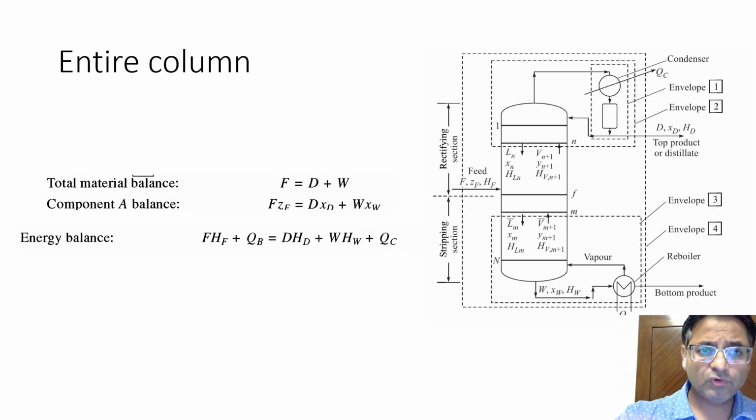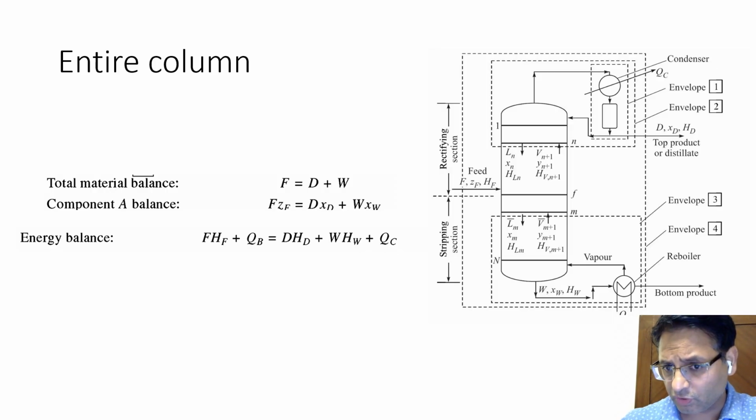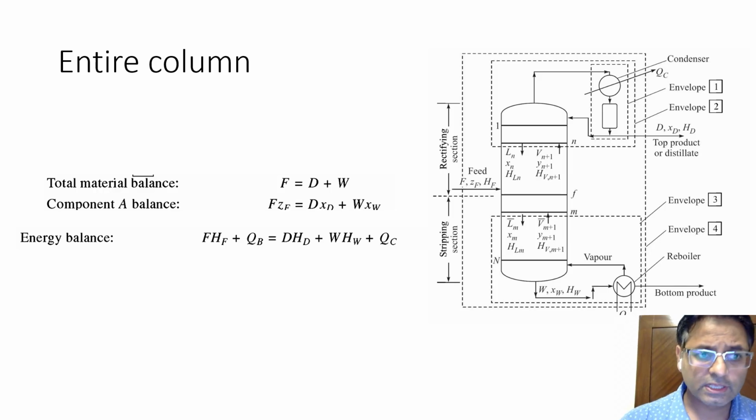So this is the entire column. If you do the total material balance, F equals D plus W. D is the distillate which you are collecting, and W is the bottom product you are collecting. If you do the component A balance, because this is a binary solution, the composition in the feed is zF, xD in the distillate, and xW in the bottom.